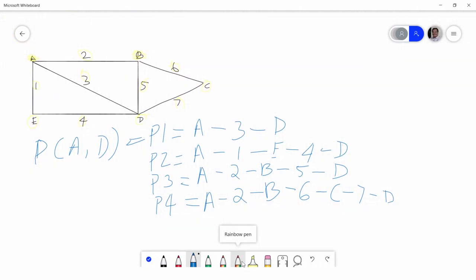These are the only 4 paths available from source node A to destination node D.